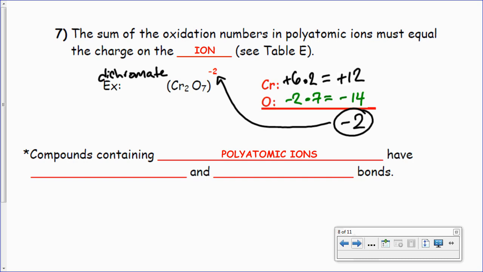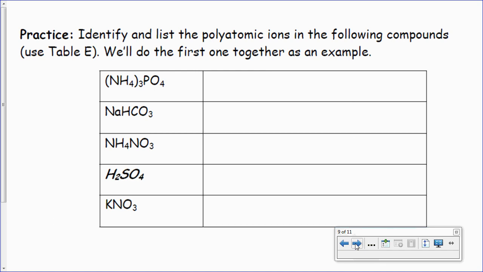Polyatomic ions have both ionic and covalent bonds. Okay? So, in the end, identify and list the polyatomic ions in the following compounds using table E. We'll do the first one together as an example. All I'm doing is playing the matching game. I'm looking at table E from my reference table packet, and I am looking for matches. So NH4, yep, there's one.